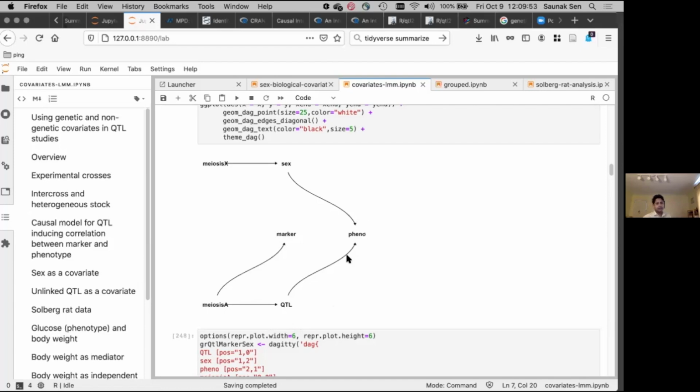In this type of situation, you don't have a direct connection between the sex and QTL. So unless you're looking at a marker on the sex chromosome, if you don't adjust for sex, it is okay. It is not fully efficient, but it might be okay.